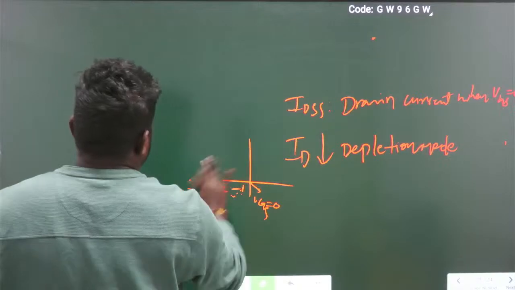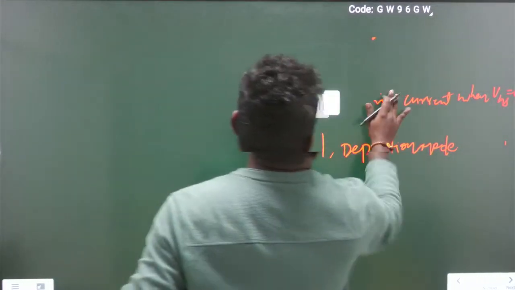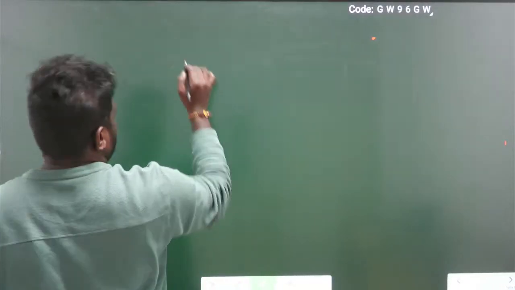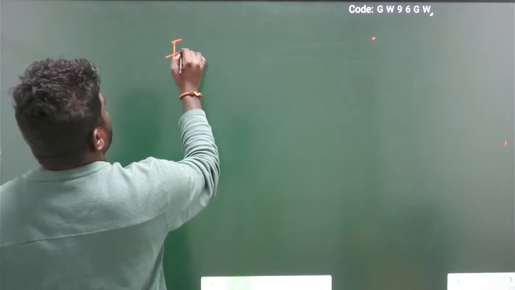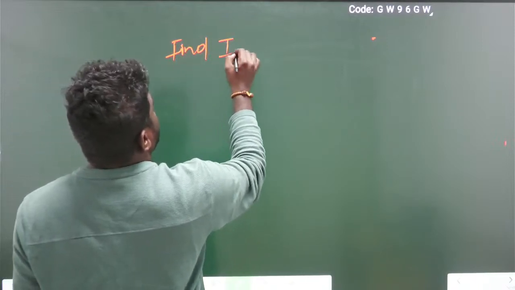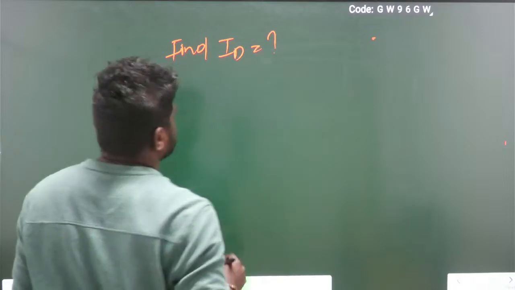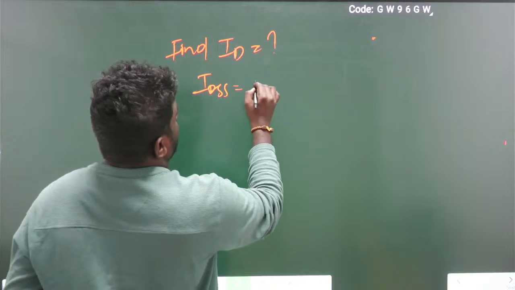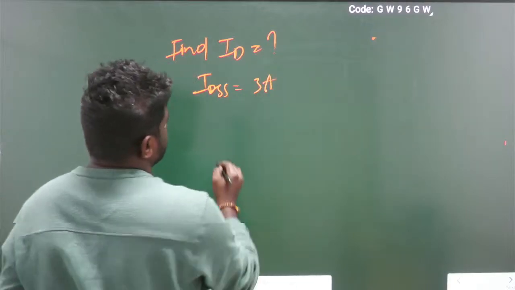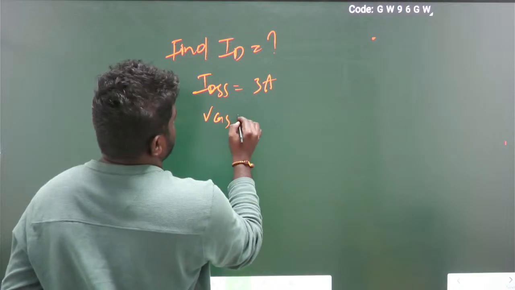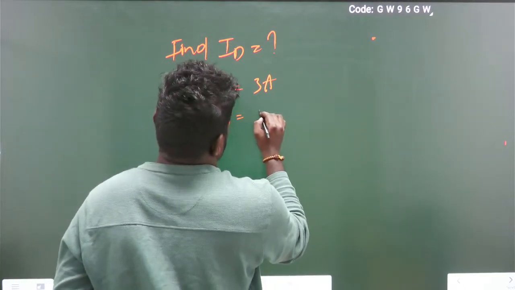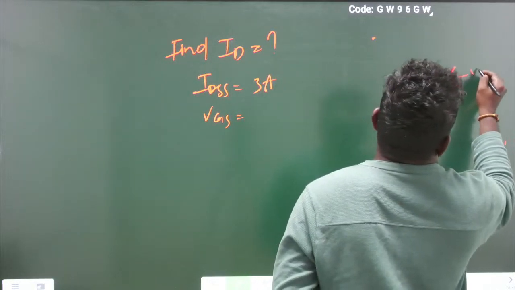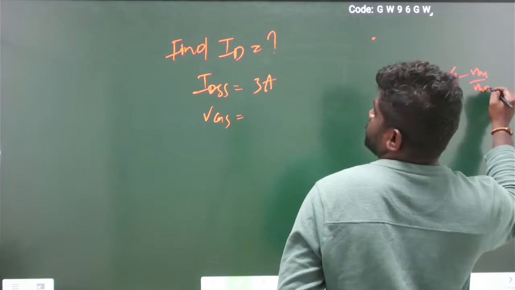There are some parameters, and they will ask one question: find ID, the drain current. IDSS they will give like 3 amperes, and VGS they will give as 1 minus VGS by VGS off.